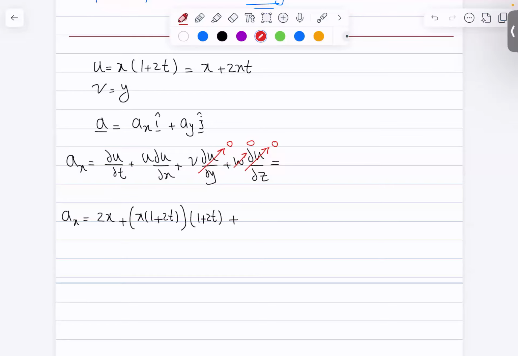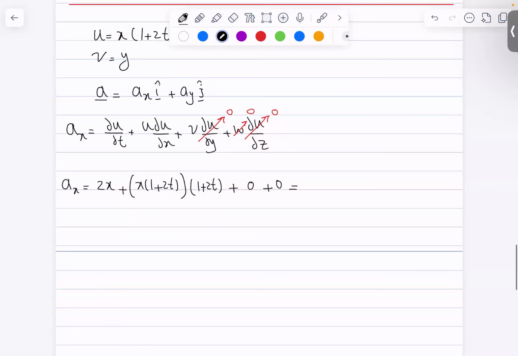There's no w, which means these other two terms are 0. So ax is just 2x plus x times (1 plus 2t) squared. Okay, so that's ax.